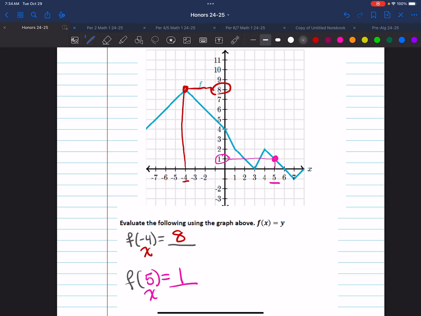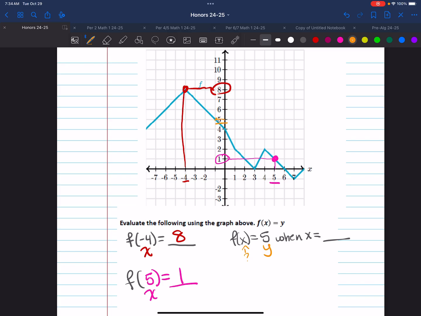Let's do a reverse. Let's say we have f of x equals 5 when x equals blank. Okay, so in this case, we have the y value. This is what we're trying to figure out. Now, you got to be careful because here's my 5 on my y-axis.